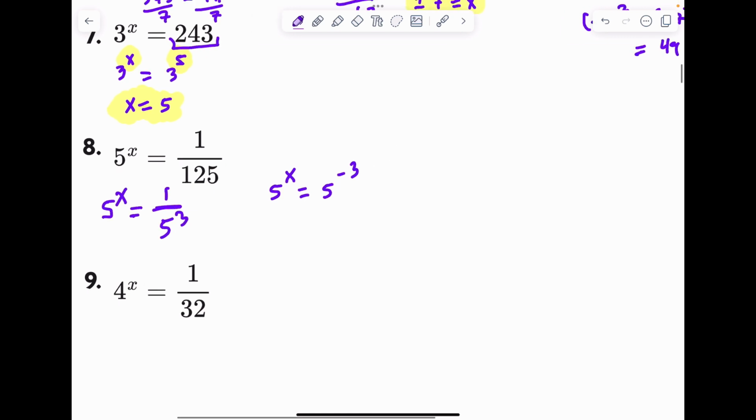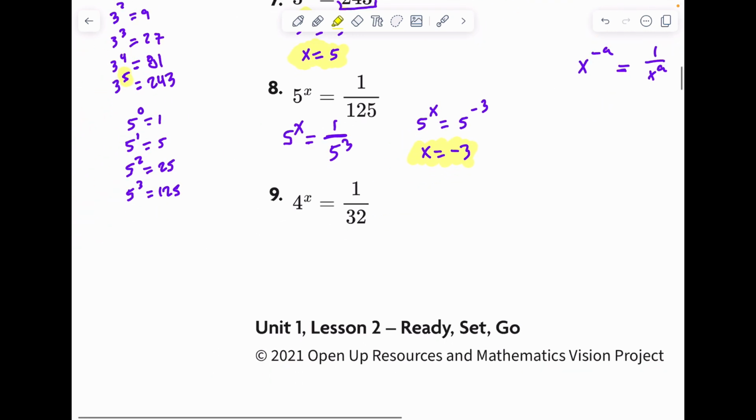Because if I have x to the negative a, that is equal to 1 over x to the a, okay? This is one of those properties. So right here, I rewrote this as 5 to the negative 3. So then I get that x is simply equal to negative 3. Okay, that's number 8.